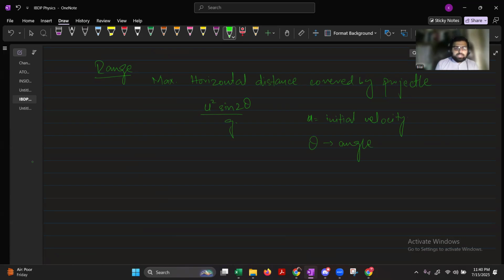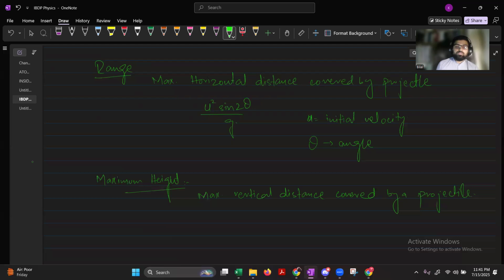The second thing is maximum height. This shows the maximum vertical distance covered by a projectile. Okay.